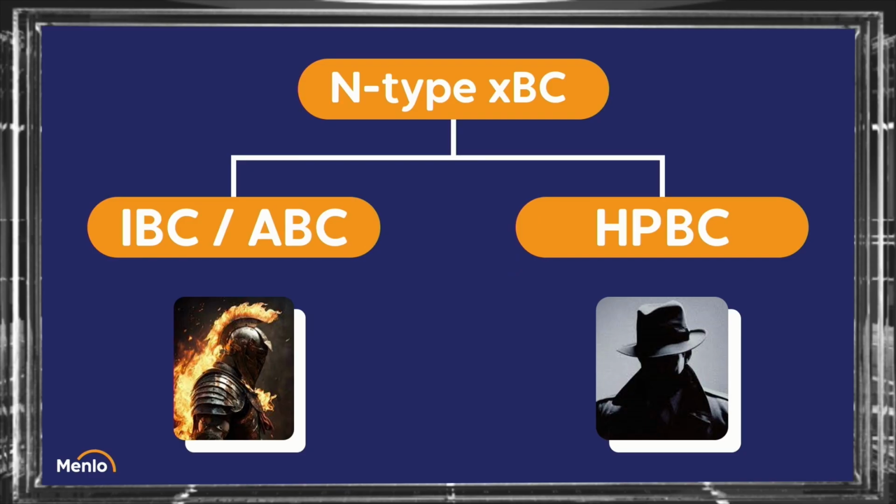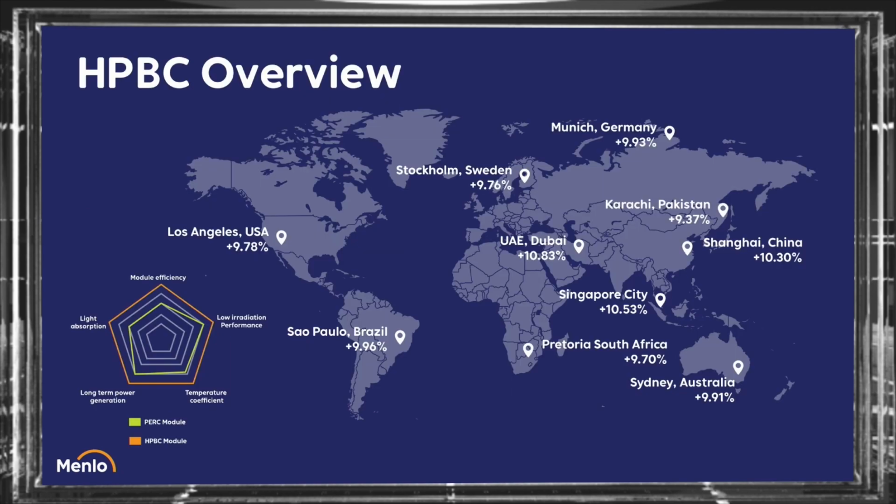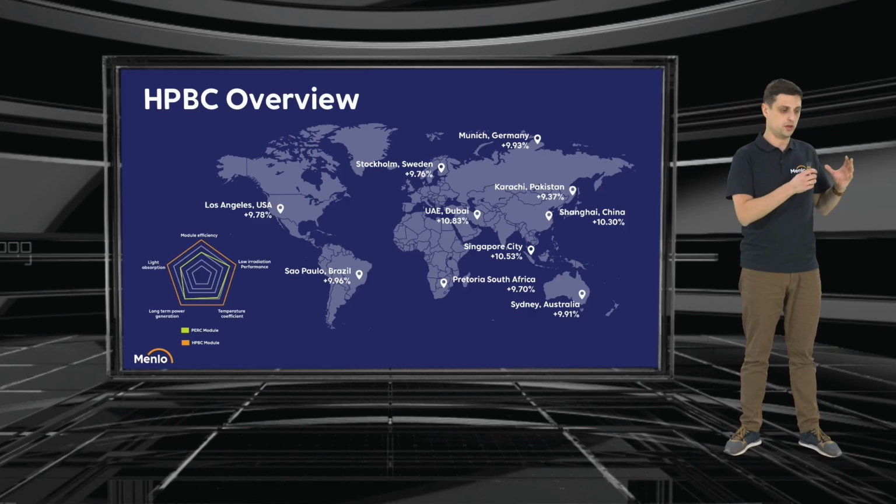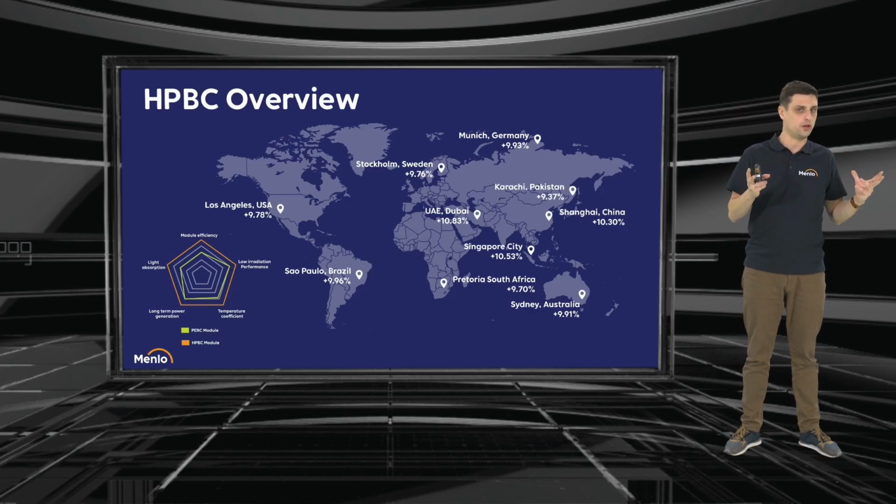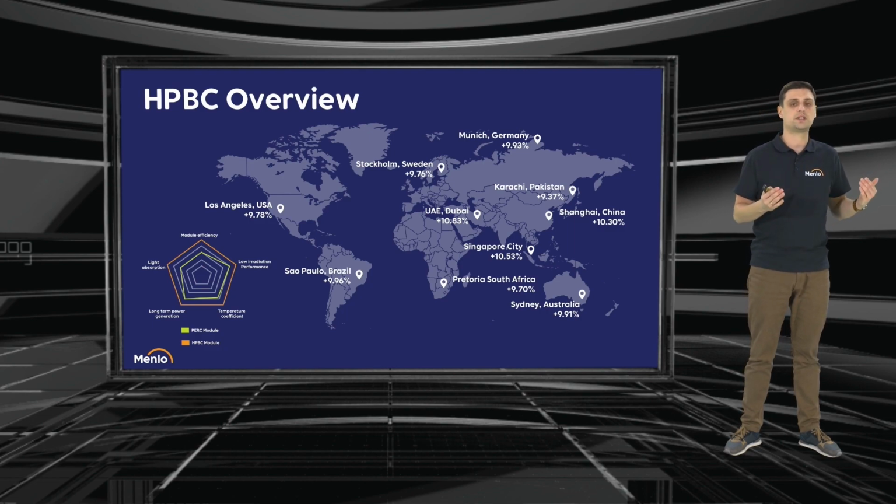But we also have a mystery player, HPBC. Interesting technology produced by only one producer who mastered p-type models, because they took p-type cells and used back contact technology to connect cells. So they used, let's call it, old technology, which we dropped, and exhausted it as much as they can.